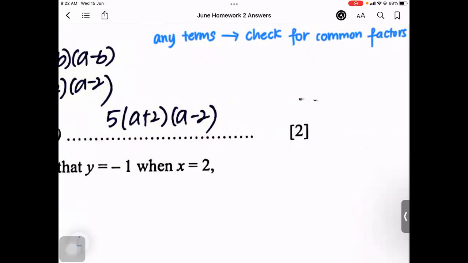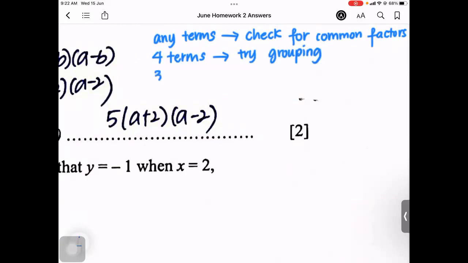Then for questions with expressions that are usually of 4 terms, usually this kind we can try to do by grouping. We break it up into 2 groups of 2 to see whether there are any common groups that we can group up.